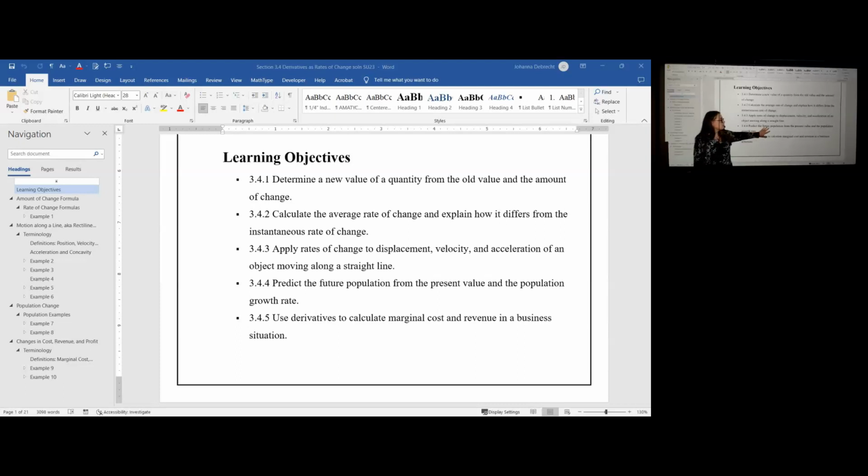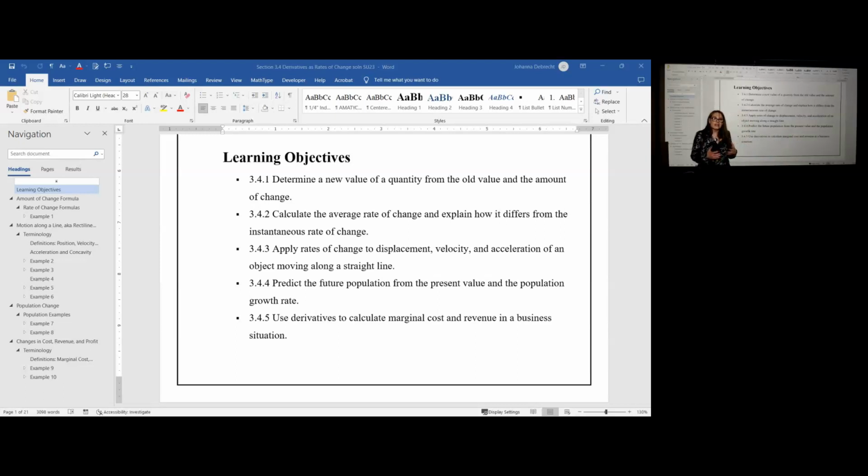We'll also predict the future population of some particular city or perhaps a colony of bacteria from the amount originally present and the population growth rate. We'll also use derivatives to find what's called the marginal cost, marginal revenue, or marginal profit.